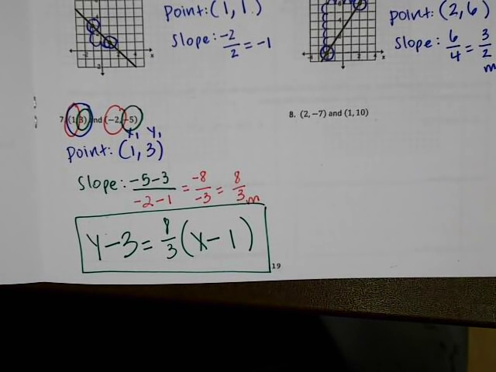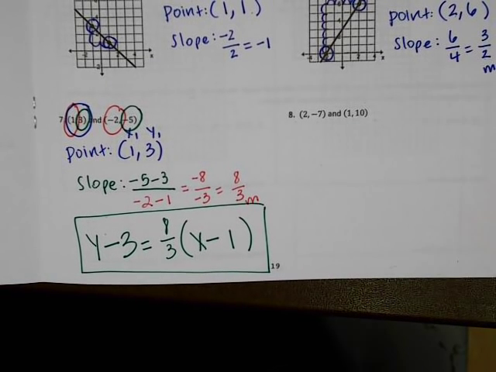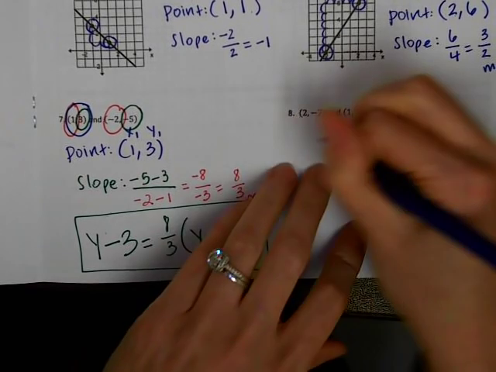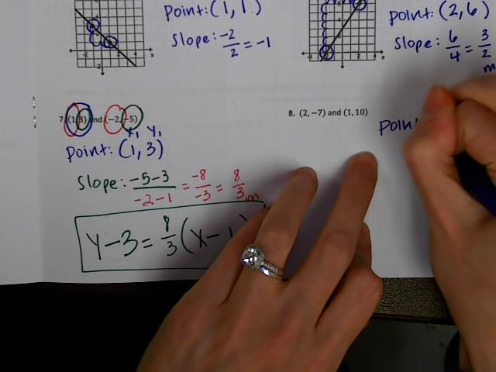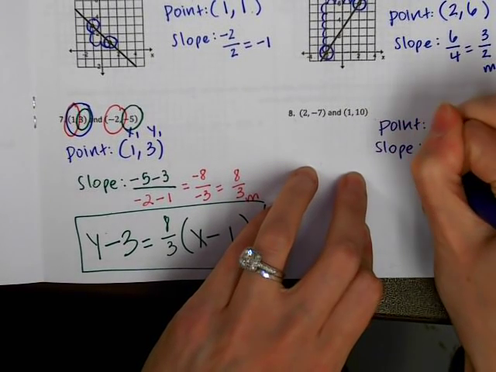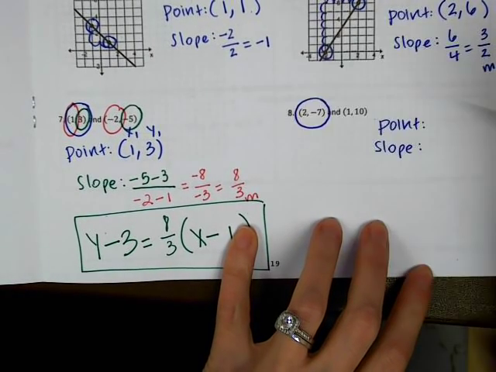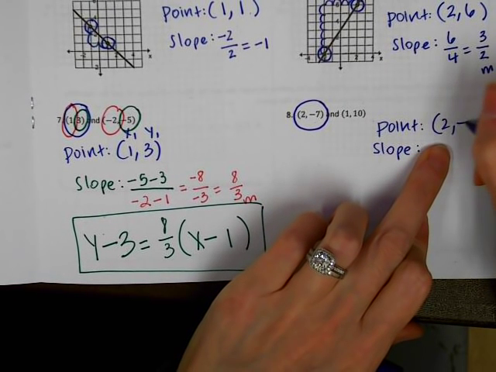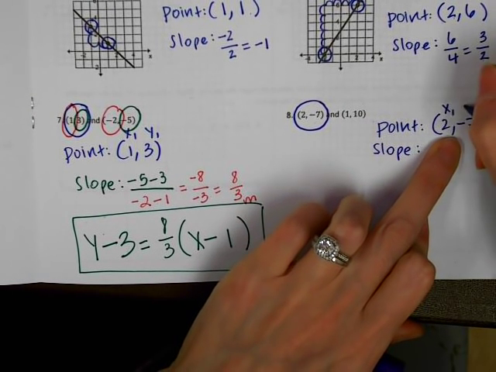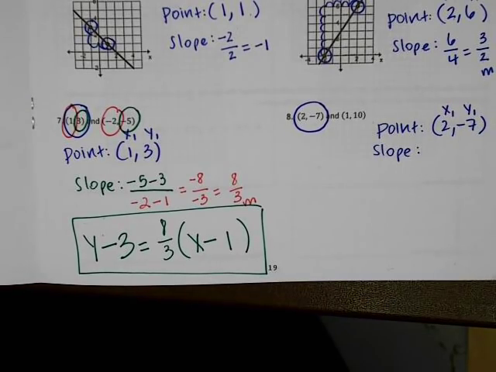Okay, if anybody wants to watch one more, let's have number 8 be optional here. We need a point and we need a slope. I'm going to always just pick the first point, so I'm going to use 2, negative 7 as my x1, y1. And then the slope, unfortunately, we have to calculate.